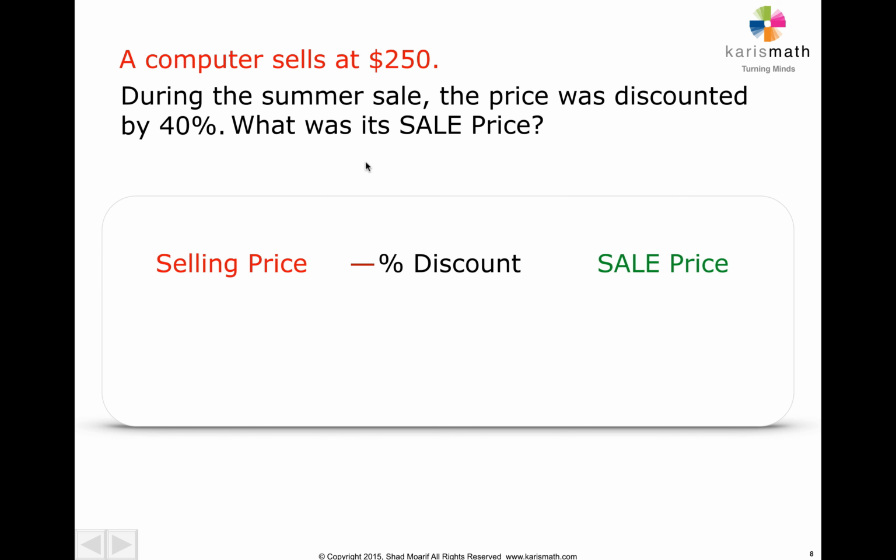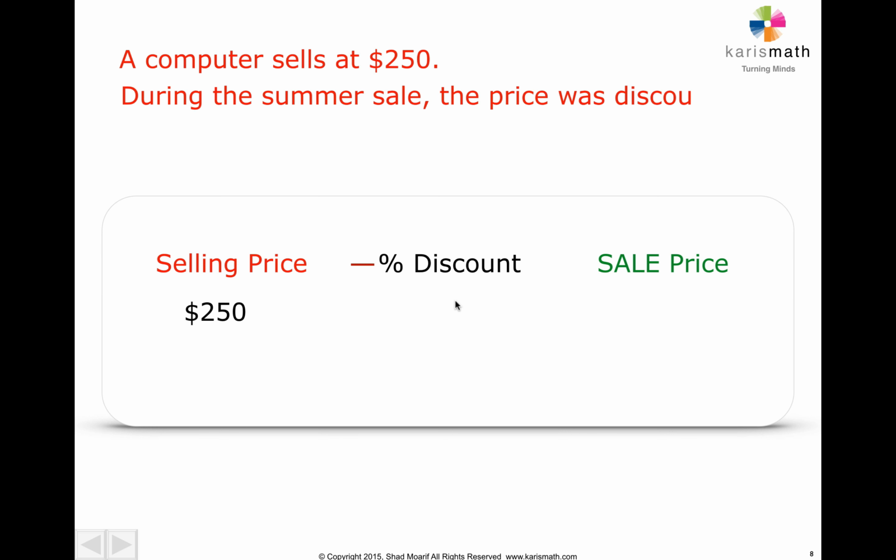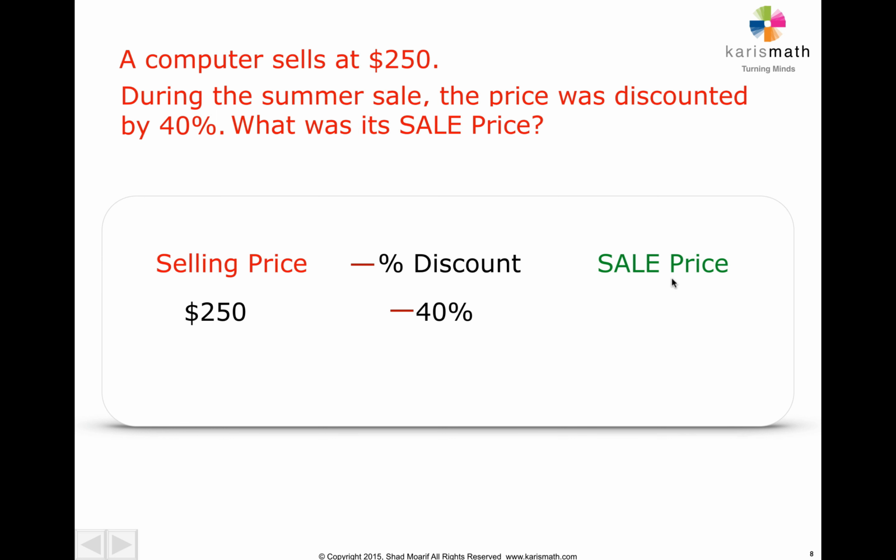Well, the computer sells at $250. That's this price here. It was discounted by 40%. That means you take out 40%. So if this was 100%, we would find out what the sale price is, right? The sale price must be 60% of the selling price, because all of 100% was reduced by 40% to 60%.